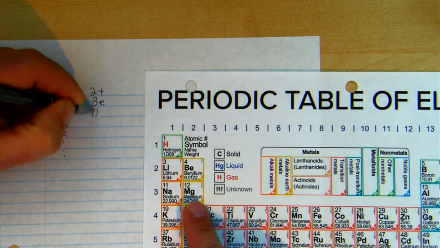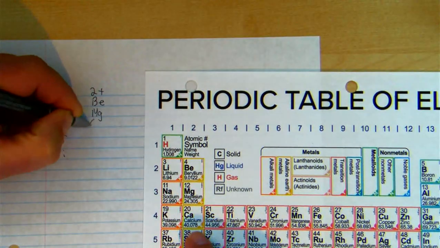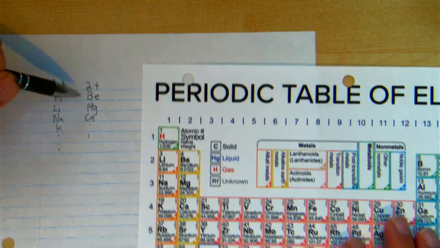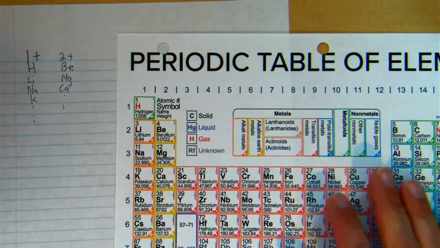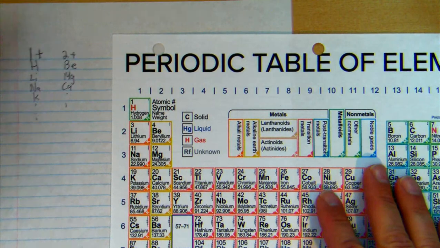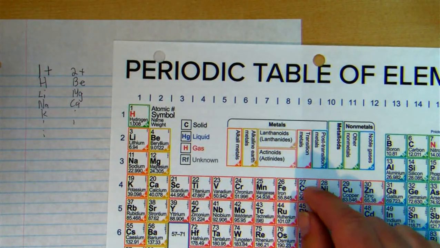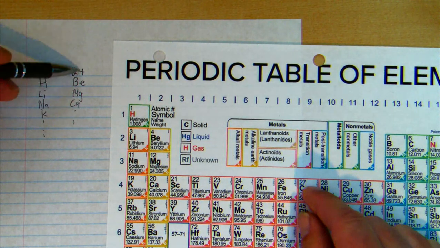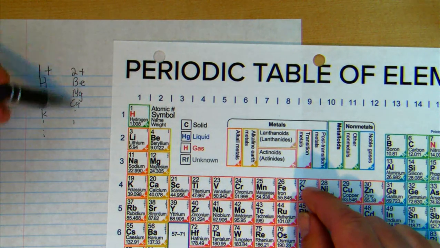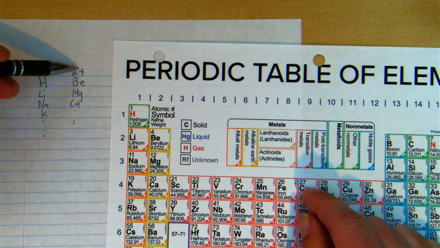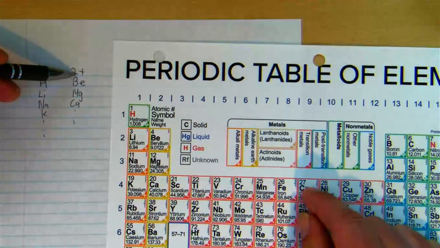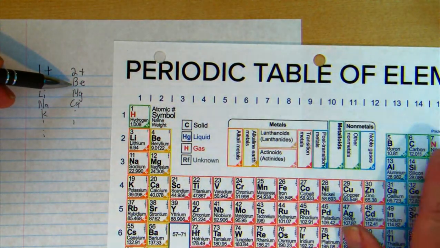So beryllium, magnesium, calcium, all the elements in group 2A, there's no question about what kind of charge state they would be in if they're combined with someone else. They're always going to be group 2. They're always going to have an oxidation number of 2 plus. They're always going to be giving away 2 electrons to combine with anyone else.